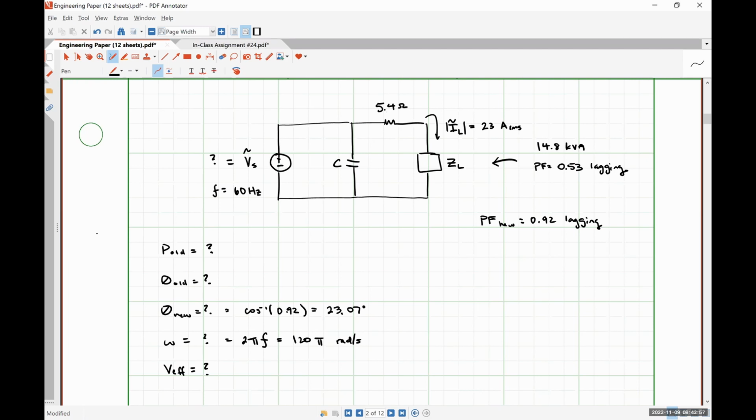So we need to actually find the total complex power of the resistor in series with our load in order to figure out what theta old is. Okay. So let's work on that. How do you think we might go about doing that?